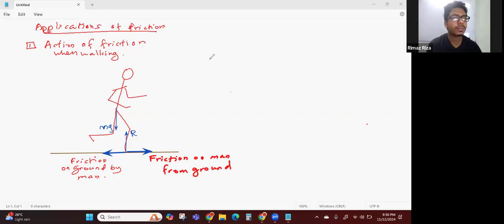This friction force acting on the man becomes an unbalanced force in the horizontal direction, thus the man will move forward. So that the man can walk in this direction.